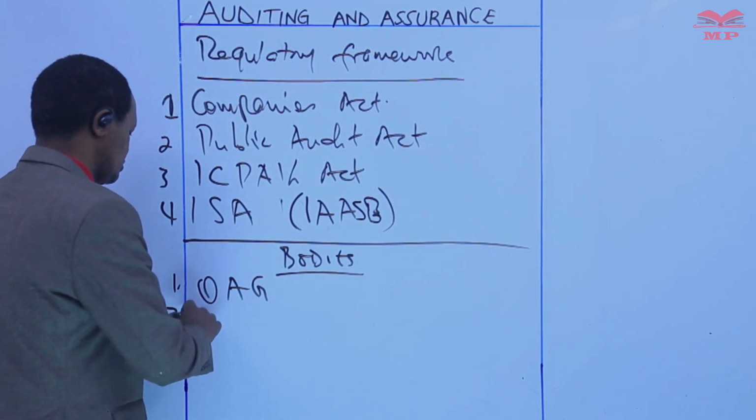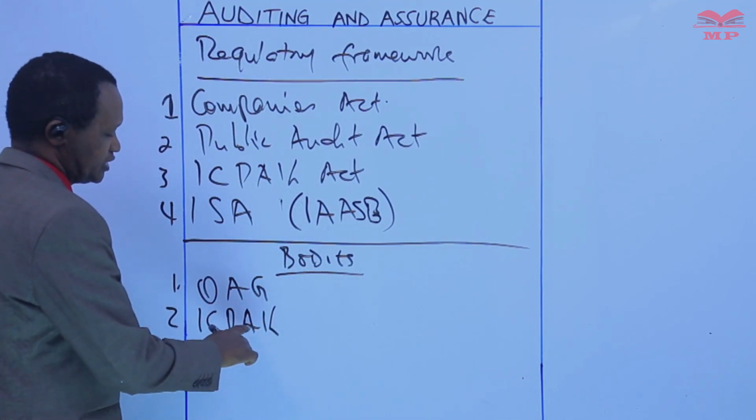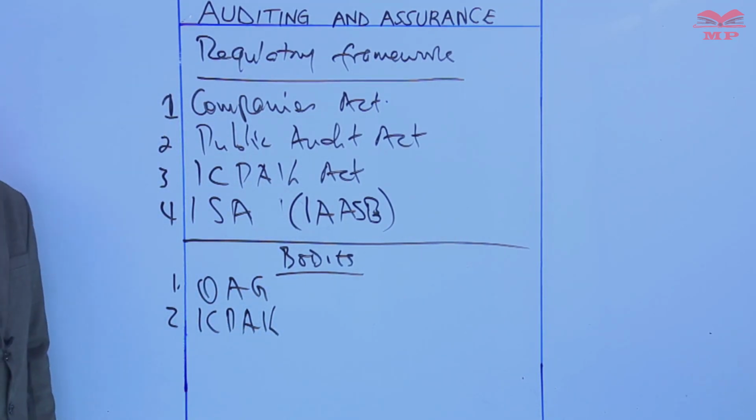Number 2, ICPAK, the Institute of Certified Public Accountants of Kenya, regulates the accounting profession in Kenya, including setting professional standards, conducting disciplinary proceedings against members, and so on.